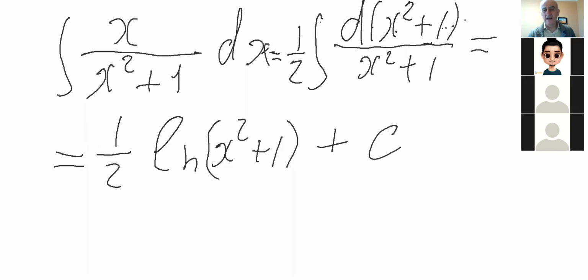Because x squared plus 1 we can call t, so we have the integral dt over t, and this is ln of the absolute value of t. But here I cannot write the absolute value because x squared plus 1 is always positive. Look carefully, and ask please if any questions.